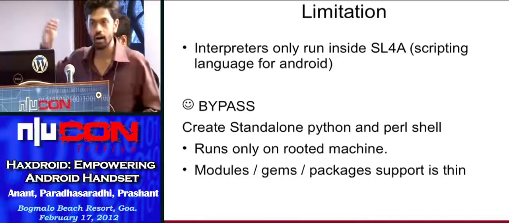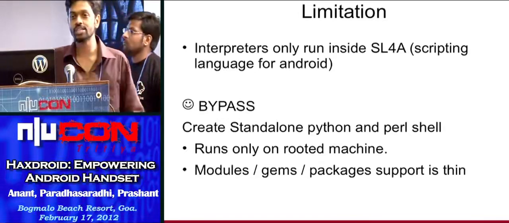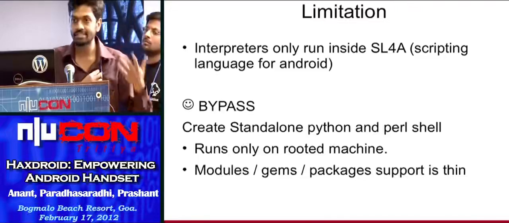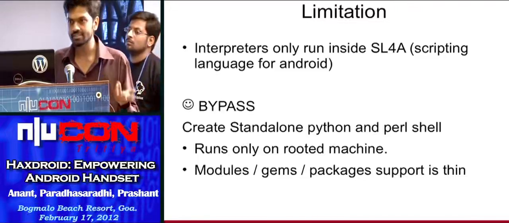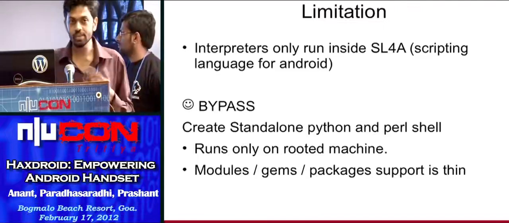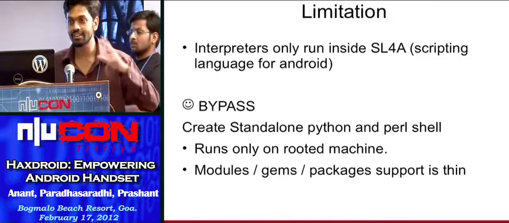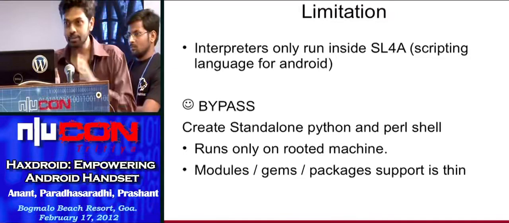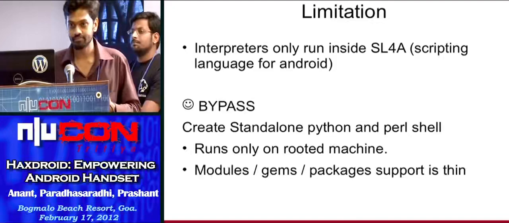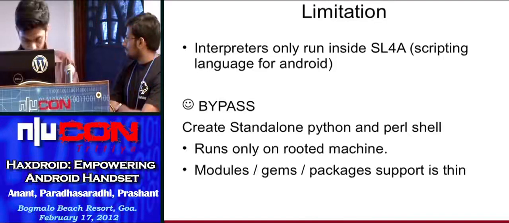So they created some API layers which allow Python or Perl language to use the GUI elements provided by Android, or the internal elements like vibration or network access to a scripting language. Now the issue with this was, it was a project which was focused towards giving the Android resources out. It was not keeping in mind that someone might want to run the exact same script. That's where we had standalone shells.